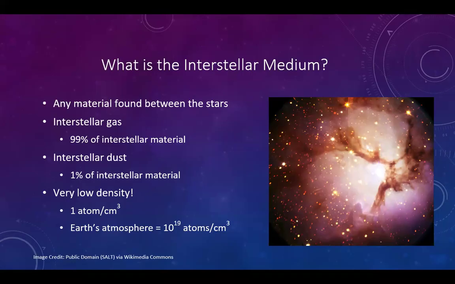There's also interstellar dust, tiny soot-like or sand-like particles floating around in space. Now, the density of this is incredibly low. The average density is about 1 atom per cubic centimeter. And just to be clear, the air in this room has about 10 to the 19 atoms per cubic centimeter. We cannot achieve vacuums this good on Earth.